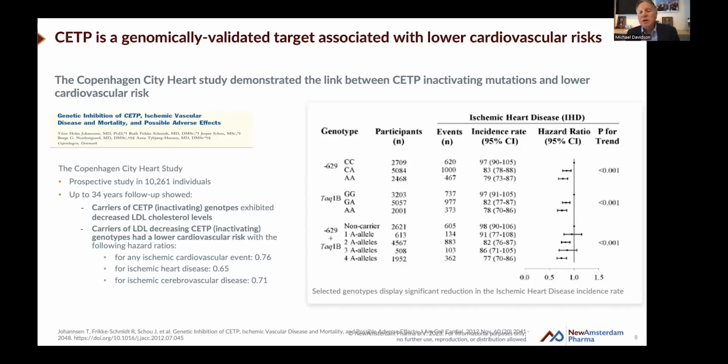And the more alleles you had that were associated with loss of function, the more potent the lowering of cardiovascular disease. So there was a dose response on CETP loss of function and reducing cardiovascular events. So it had genomic validation even back in 2012 with the Copenhagen Heart Study.